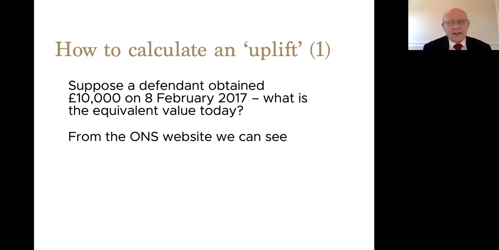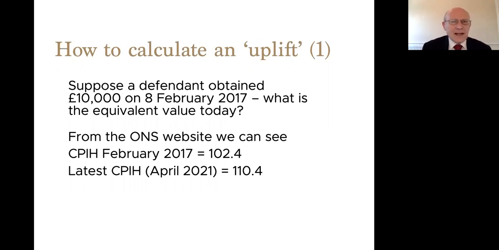From the Office for National Statistics website, we can see that the CPIH figure for February 2017 was 102.4, as I said, published to 1 decimal place. And as I mentioned just now, the latest CPIH from April 2021 is 110.4. So how do we restate the £10,000, the constant maintained value of what £10,000 was worth in February 2017, to what number of pounds has the equivalent value today?